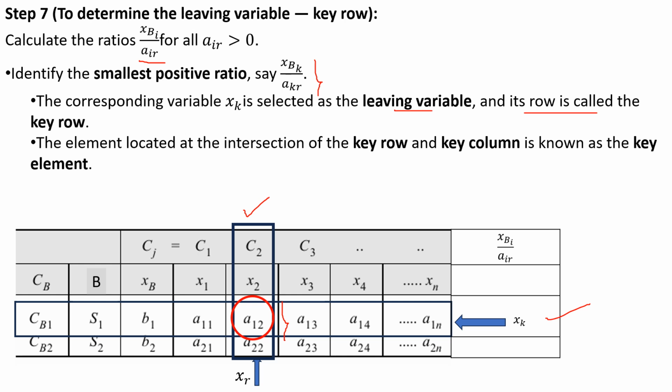After the identification of the key column and the key row, you have to identify the key element. The key element is the element located at the intersection of the key row and key column.